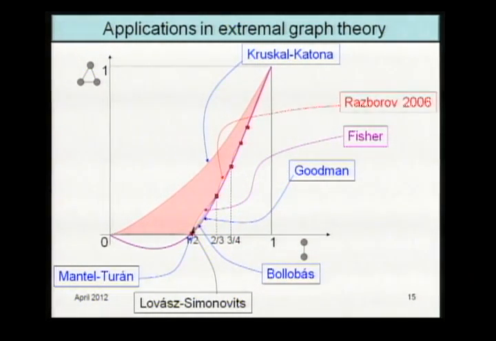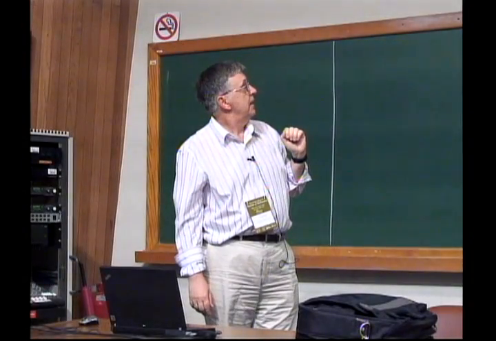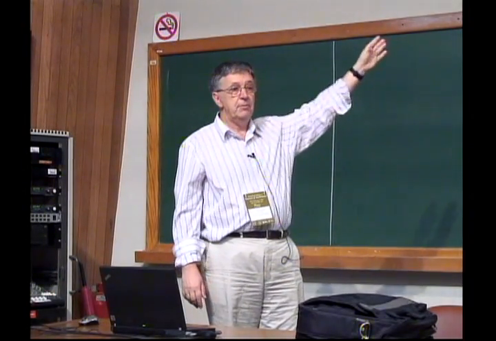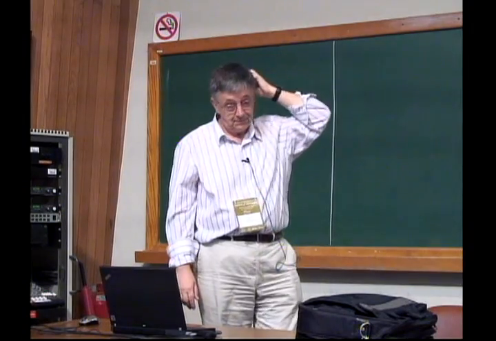And quite recently, Razborov was able to prove the conjecture for the whole line. And then it's not hard to see that that's all, so you don't get any other tricks like maybe missing islands in the middle or something like that. So if you plot edges versus triangles, you get exactly this area bounded by this countable number of cubic curves.